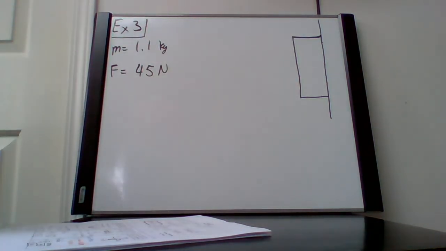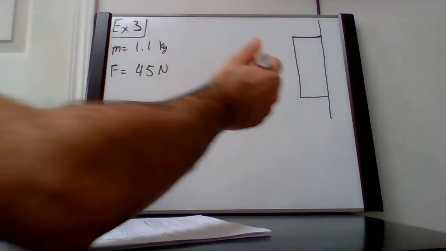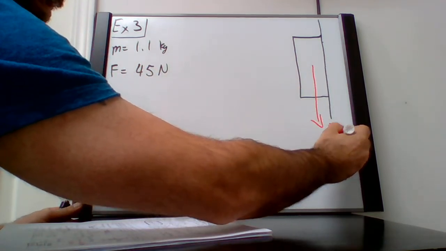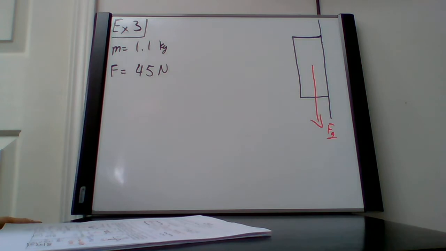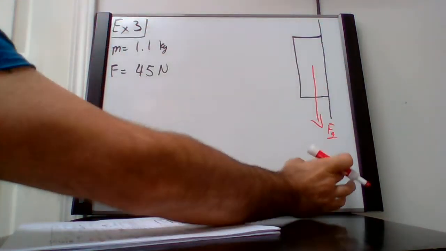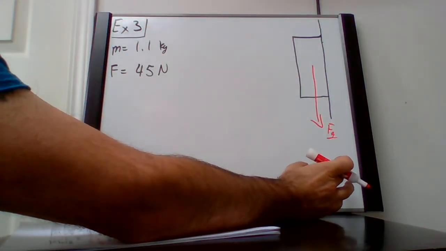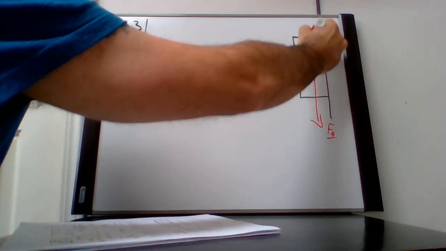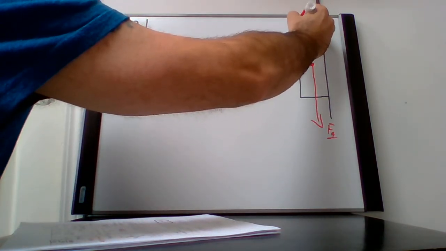So here's our picture off to the side. We want to label all of our forces that we have acting on this system. Well, we have our force of gravity coming down. This is falling if it wasn't held against the wall. Since it's against the wall, force of gravity is pulling it down. We have our force of friction.